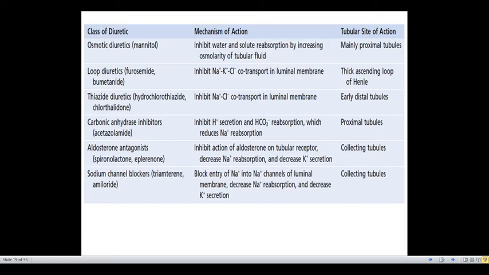Carbonic anhydrase inhibitors inhibit hydrogen secretion and bicarbonate reabsorption, which reduces sodium reabsorption in the proximal tubules. Aldosterone antagonists inhibit action of aldosterone on tubular receptor.